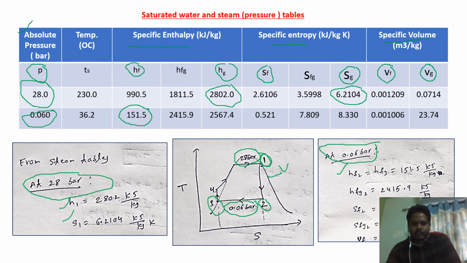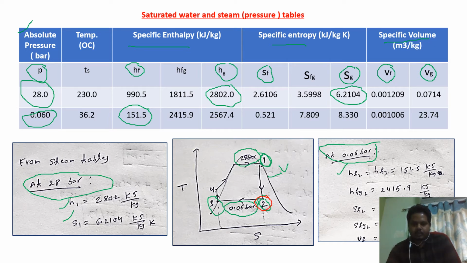And one more thing: point 2 is situated within the saturation zone, between the saturated liquid line and the saturated vapor line. At point 2 there will be a mixture. Mixture means we have to take the hfg, sfg and vfg values at point 2.